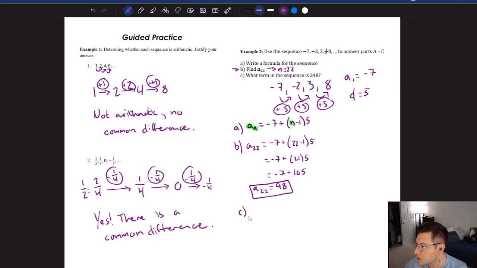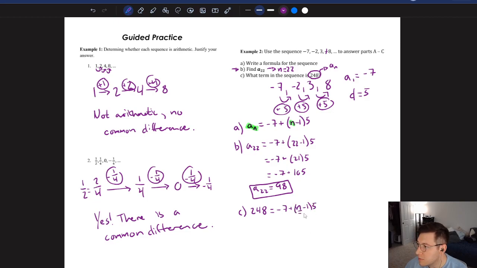And so for C, I know that this piece right here is what I'm actually going to end up substituting in for a sub n, right? I'm not just replacing n, I'm replacing the entirety of a sub n. And so I'm going to have 248 is equal to negative 7 plus n minus 1 times 5.